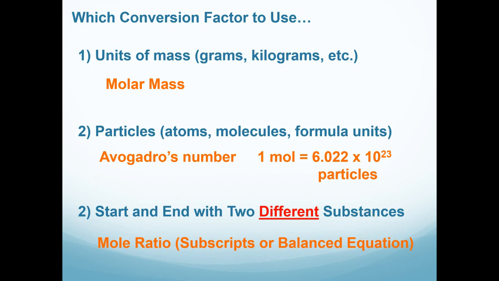So do I start with carbon dioxide in my have, but my question is asking for just carbon? That means I started with one thing, I end with something else. That tells me I need a mole ratio. If I'm talking about a chemical formula, that will be subscripts. If I'm talking about a chemical reaction, it will be the coefficients in a balanced equation. All right, so I urge you to commit these to memory because it lets you know what you need in your get there, how to start your problem.